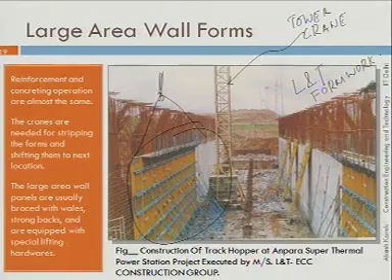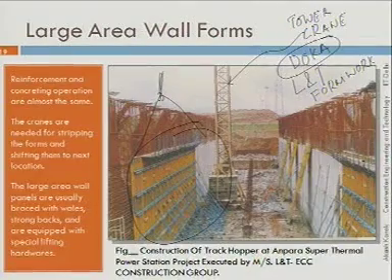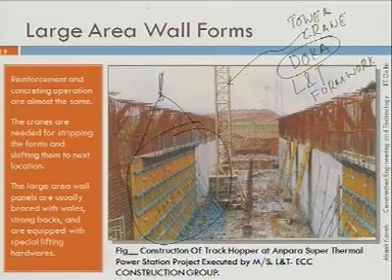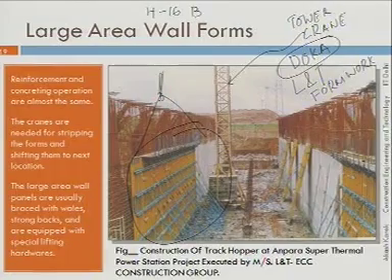Now this is very similar to Doka formwork. Now you can see there are different components here. What you see in yellow color is known as H16 beam.